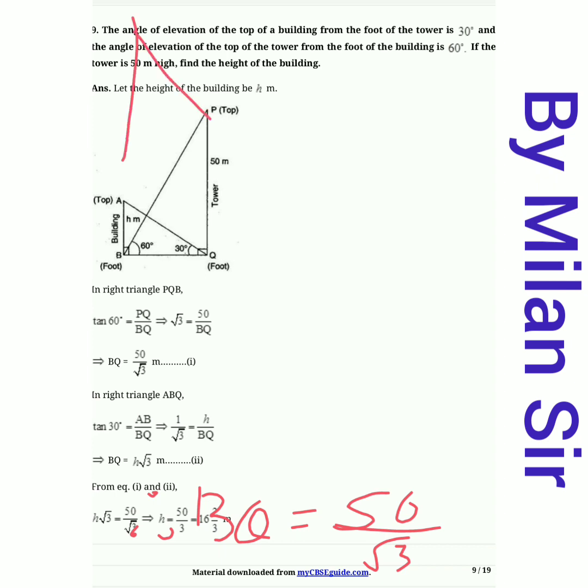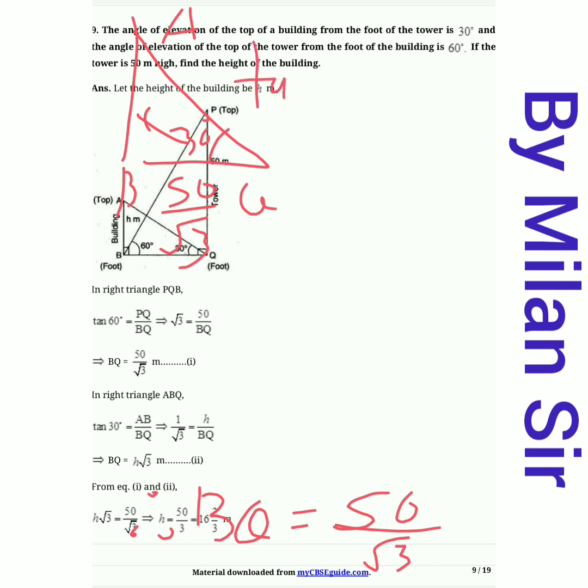Our second triangle is ABQ. BQ we already found, 50 upon under root 3. This angle is given, 30 degree. Again, the adjacent side we know with respect to 30 degree, and we need to find the opposite side. So again we use tan theta, right? Because it gives the relation between opposite side and adjacent side.